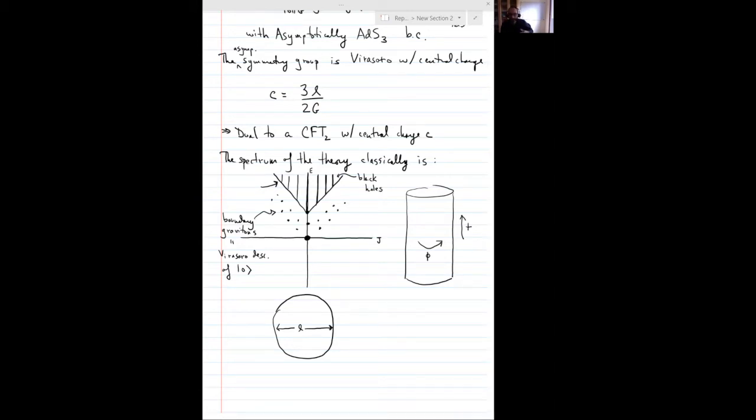Well, at very low energy, you're going to have a bunch of perturbative degrees of freedom, which in this theory of gravity are just the boundary gravitons. But at very high energy, you're going to have black hole states. That's intuitive. If you put a lot of energy in a region of finite size, eventually it'll collapse into a black hole. And if you just do the straightforward dimensional analysis, you'll see that the typical energy is going to be of order L over G when that happens, where G is Newton's constant.